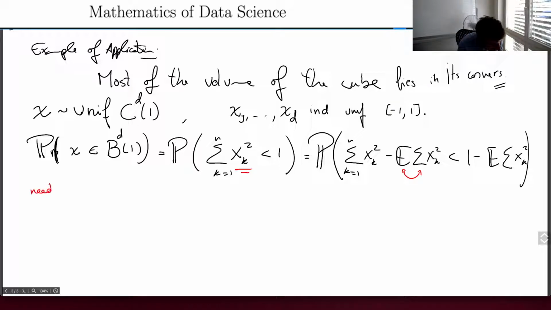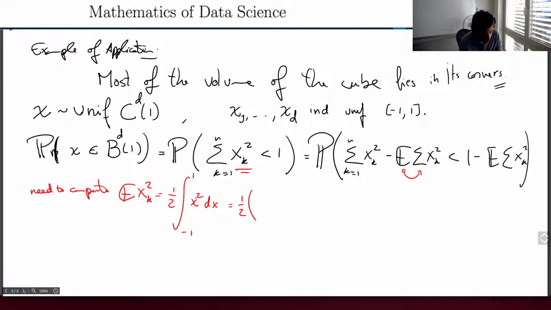So let's compute the expected value of xk squared, right? But this we can do just by the integrals. This is 1/2, the size of the cube, times the integral from minus 1 to 1 of x squared dx.